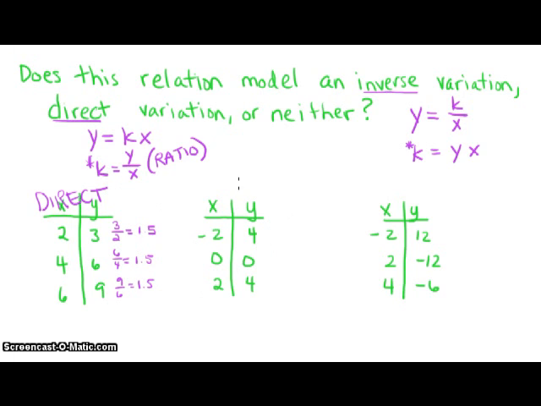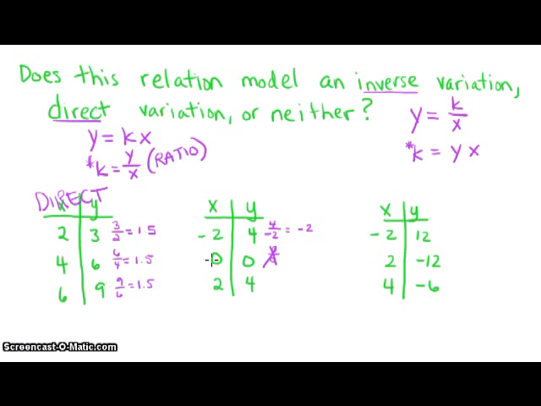Alright, let's try this one right here. Again, let's start with the ratios. Y over x. So in this case, we have 4 over negative 2. 4 divided by negative 2 is negative 2. In this one, we would have 0 divided by 0, and you can't really divide by 0.